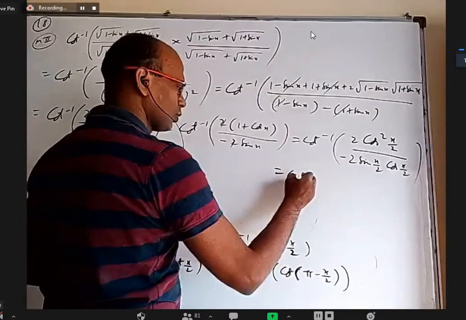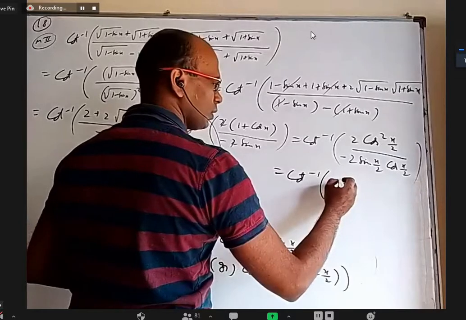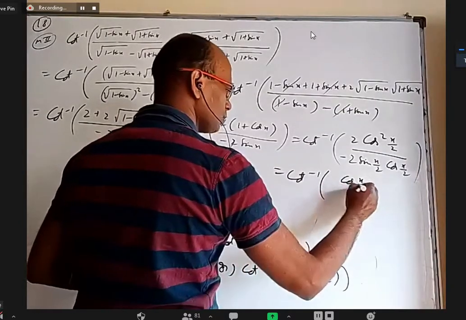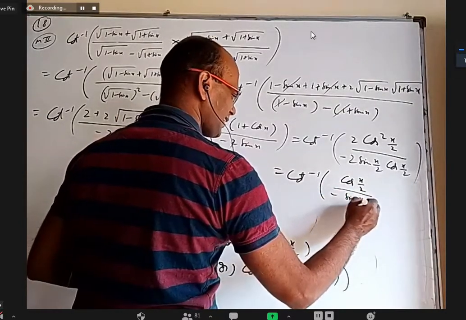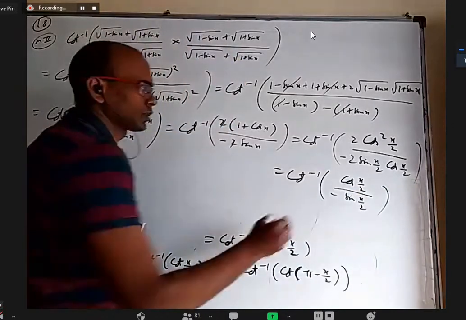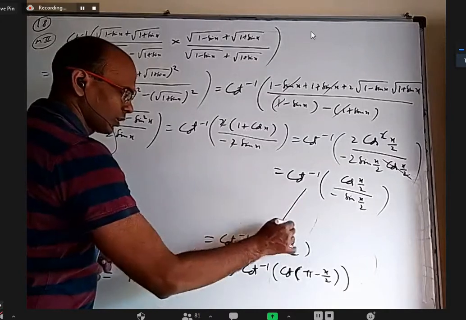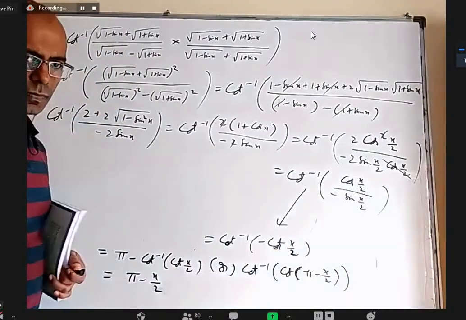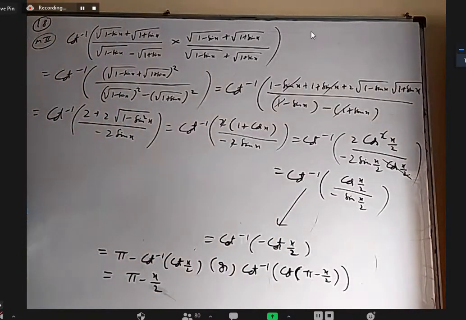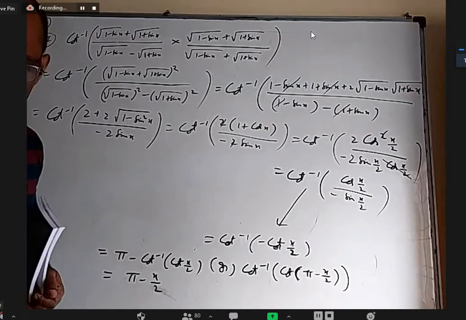It will be cot inverse of cos x by 2 by minus sin x by 2, because I can cancel cos and this square. Then it will become cot inverse of minus cot x by 2, and the same thing, you can write this way or this way. So yes, we can rationalize the denominator to also do this question apart from the other way that I said.